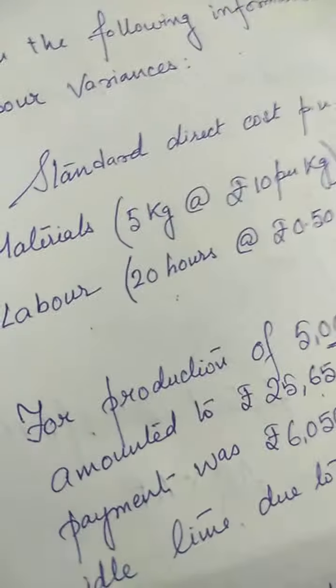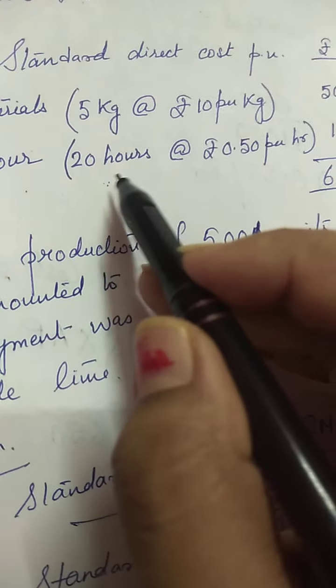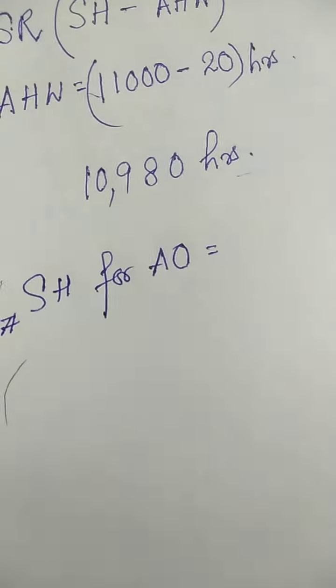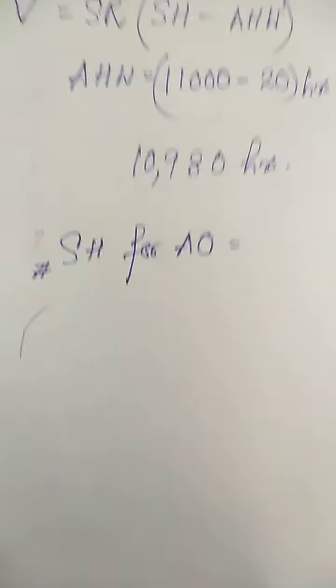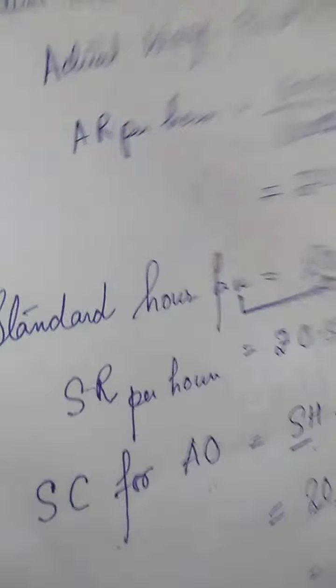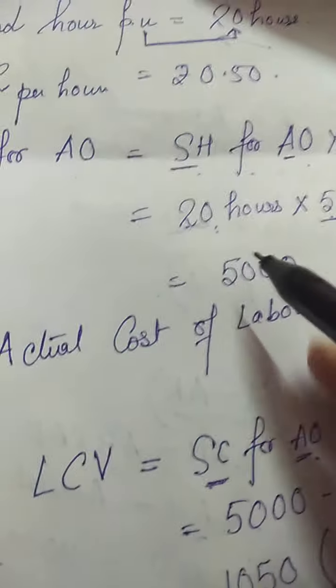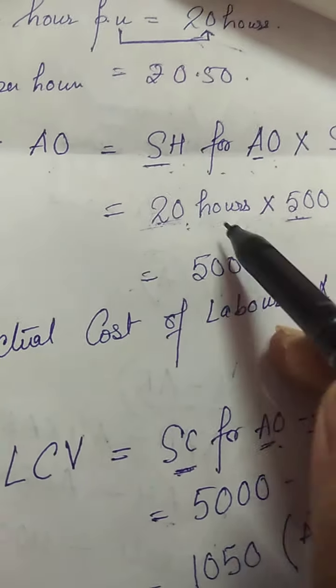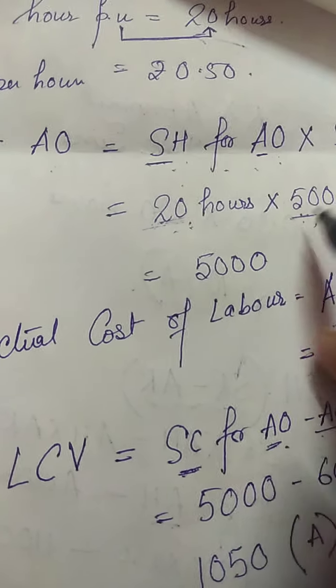Let us see the information over here. We have already found out standard hours for actual output, but I'm again finding it out. We already have this information. We don't need to find it out again. Standard hours for actual output is 20 hours into 500, that is 10,000 hours.